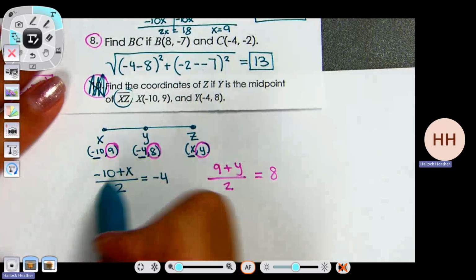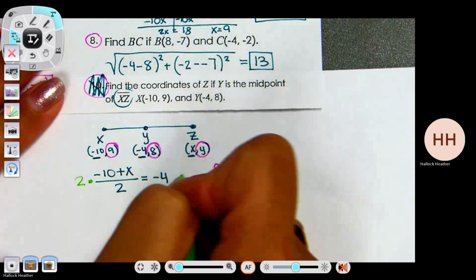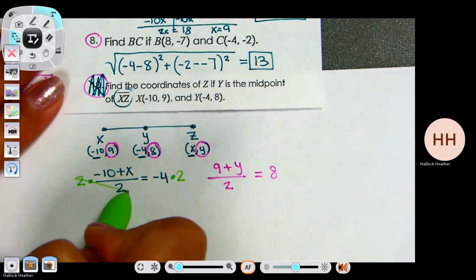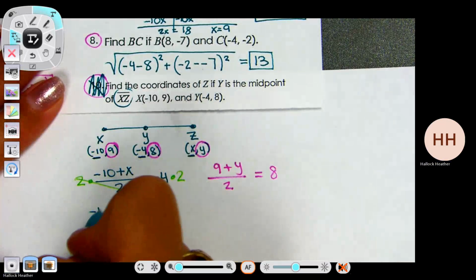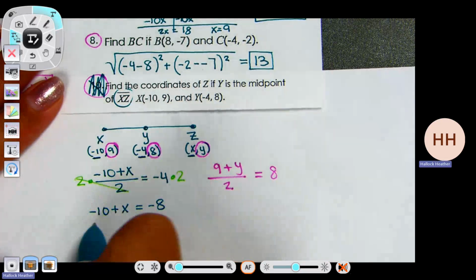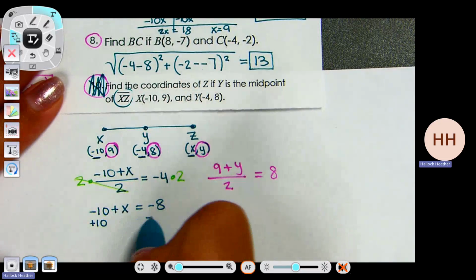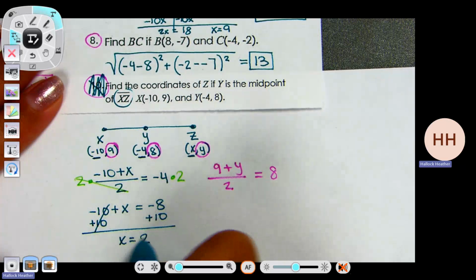So I'm going to multiply by 2 to both sides to get rid of the denominator. So I have -10 plus X equals -8. And then I add 10 to both sides to get rid of the -10. So X equals 2.